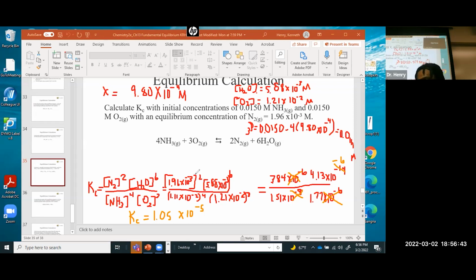So I get 1.5, that should be 1.52. You get the same using my numbers? Okay, so I may have miscalculated.